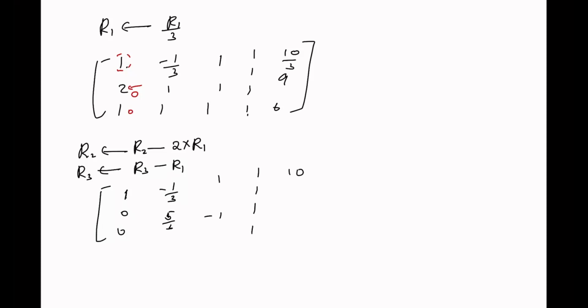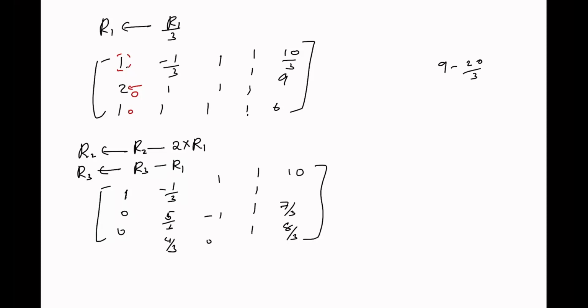And here you would get 9 minus 20 over 3, which is 7 over 3. Okay. And then in the third row, you would get 4 over 3, 0, and 6 minus 10 over 3, which is 8 over 3.